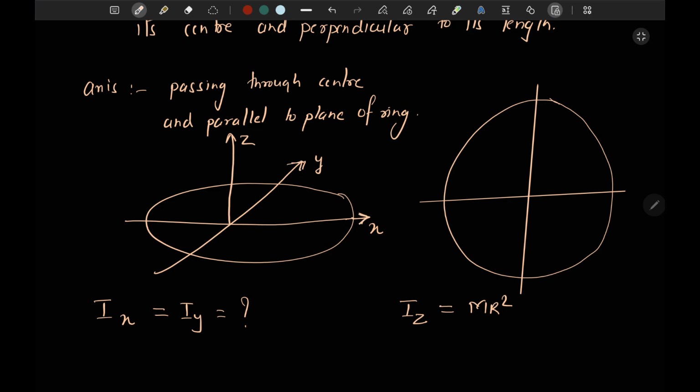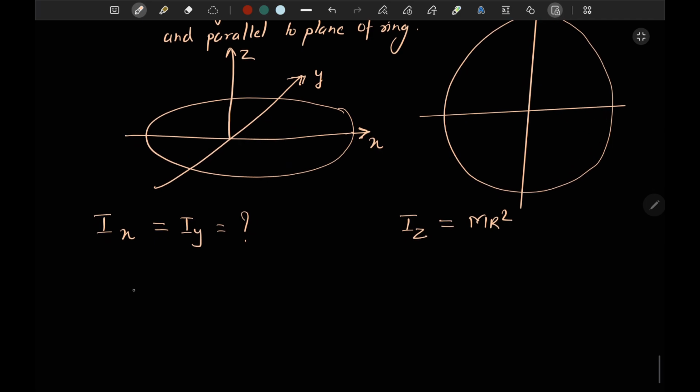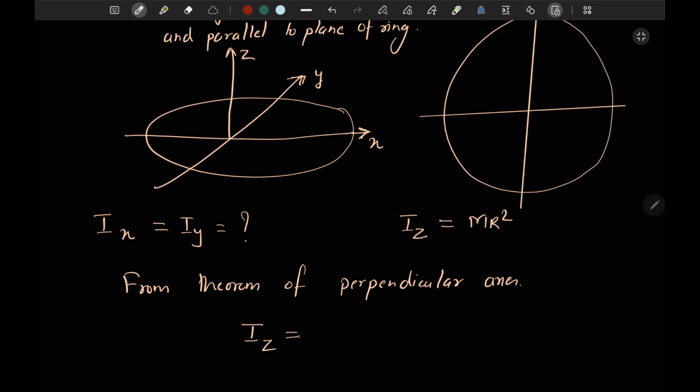So for this we will use the theorem of perpendicular axis. According to this theorem, the moment of inertia through the perpendicular axis is equal to the sum of the moments of inertia through the parallel axes.